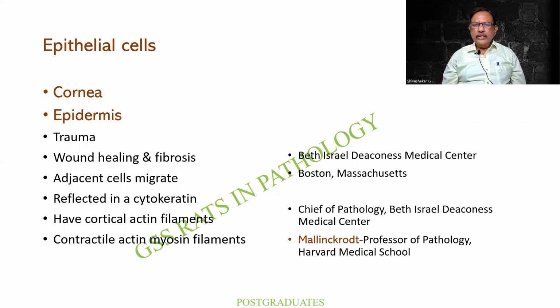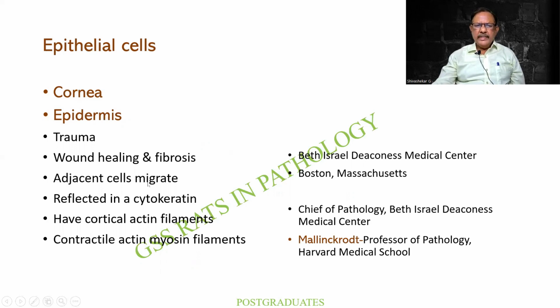Epithelial cells. Now, what is the normal function as far as the spread is concerned? The author takes two tissues, namely the cornea and the epidermis, for reference. He says whenever there is a trauma, immediately there is a mechanism called wound healing. This wound healing also promotes fibrosis. Now you find that there is a reaction between the epithelium and the connective tissue.